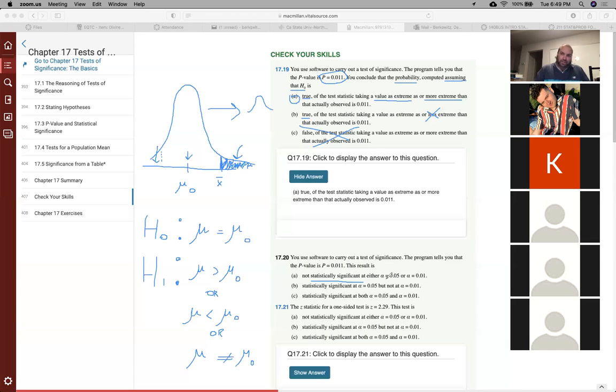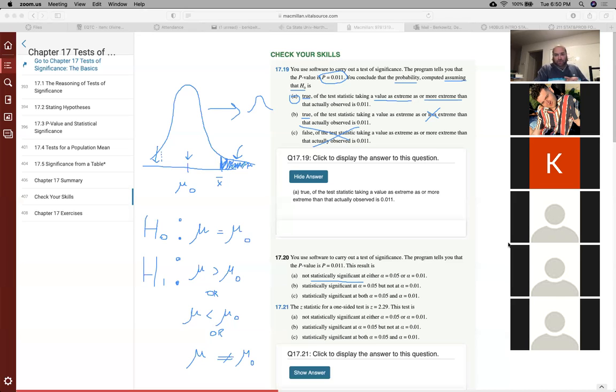If the p-value is less than alpha, if your p-value is less than the level of significance, then we reject the null hypothesis. Statistical significance is a result that would be unlikely if the null hypothesis were true. A statistically significant result is one that is unlikely if the null hypothesis were true.